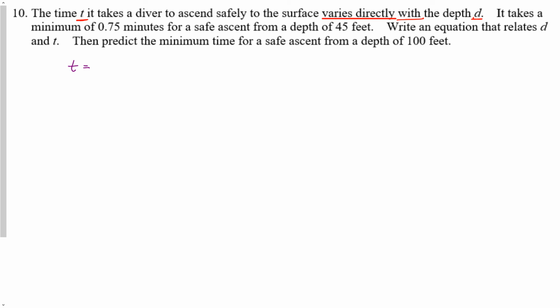So that, if we eliminate all the rest of the excess, we would have t equals k times d for the general equation using these specific variables from this problem. Once we have that, we can just look for values that would be input together. That would be our next sentence here. It takes a minimum of 0.75 minutes, so that's a time that would go in for t. So we have 0.75 equals k times the depth would be 45 feet.